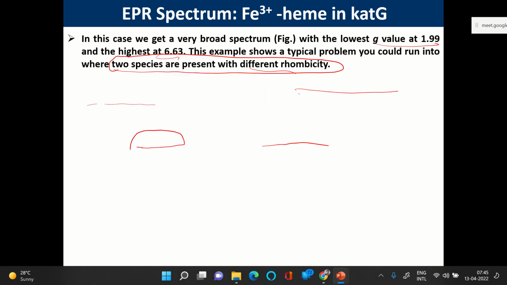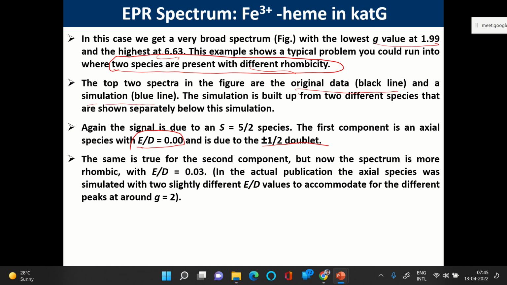So the two systems. So 0.03, same is true for the second component, but now the spectrum is having some more rhombicity, that is, the value is more positive, rhombicity is positive, and this is why you are getting g equal to 2, that can be accounted for.